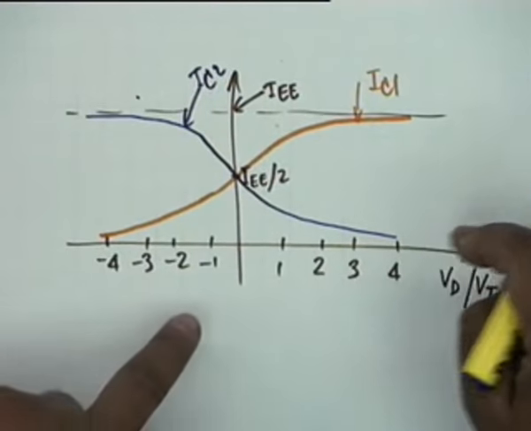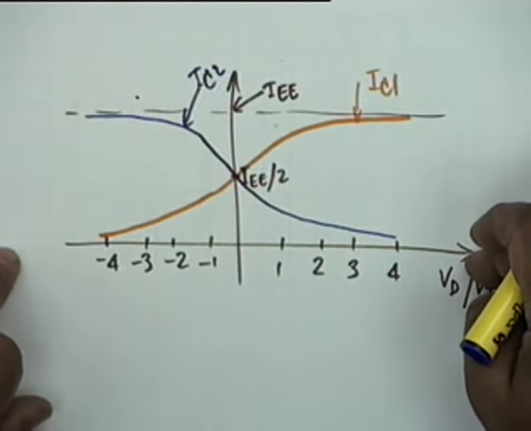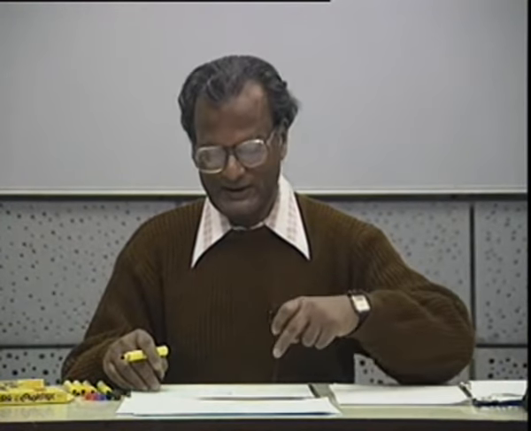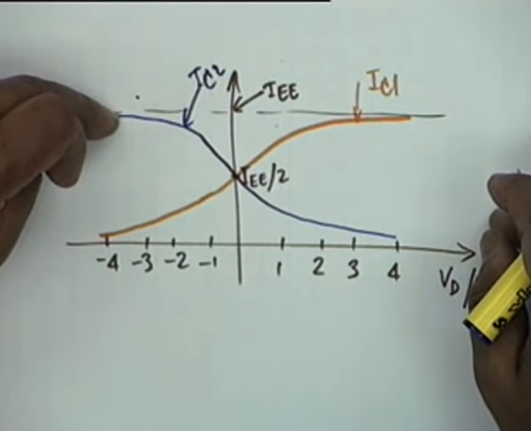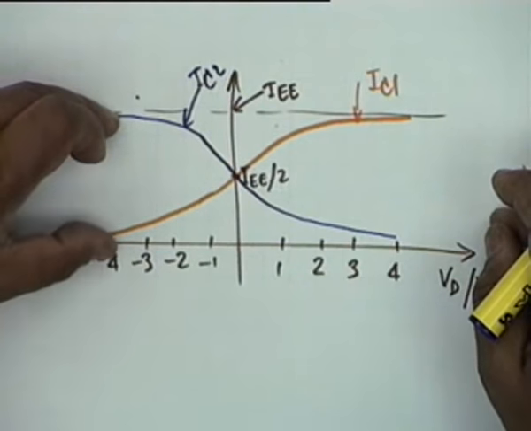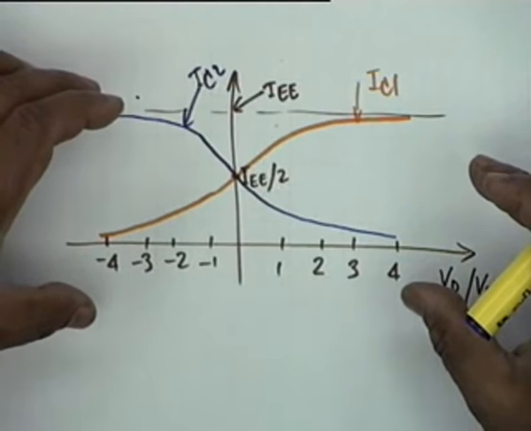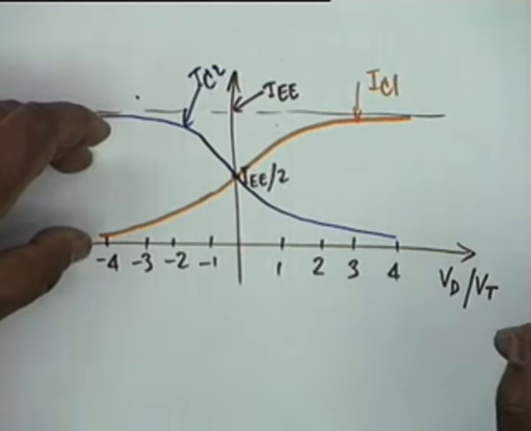On the other hand, when Vd by Vt is less than minus 4, that is when Vd is less than approximately minus 0.1 volt, Q2 becomes on and saturated and Q1 becomes off. And you can see the root of the reason why a differential amplifier can also work as a digital circuit.